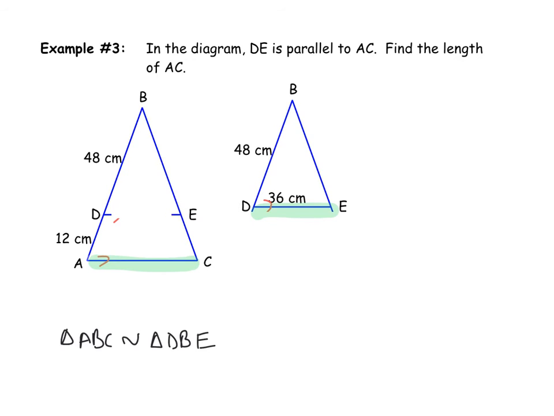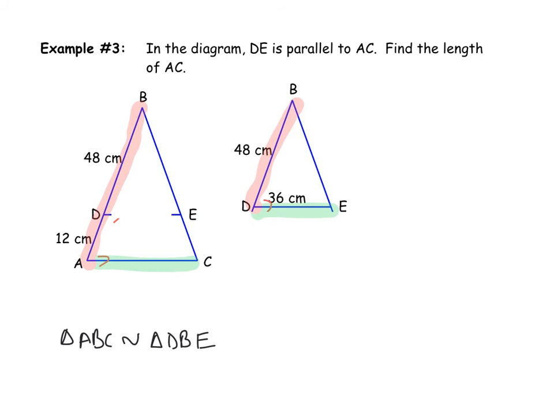Now, in order to solve for this, I need to know which other sides are corresponding. So I have side AB here that is proportional to DB. So I can set up a proportionality statement here and solve for it.